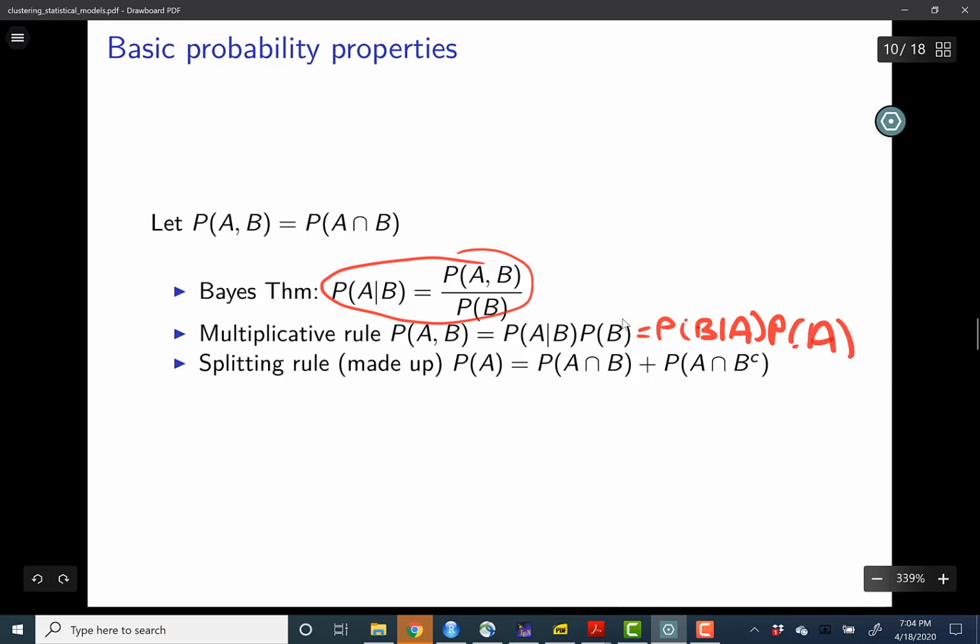And then finally the third rule, I'm calling this a splitting rule. This is a made up name. It says that probability of any set A can be written as probability of A intersection B plus A intersection B complement. I think these are the only three rules of probability, and these should be enough to understand most of the theory that follows: the Bayes theorem, the multiplicative rule, and the splitting rule.